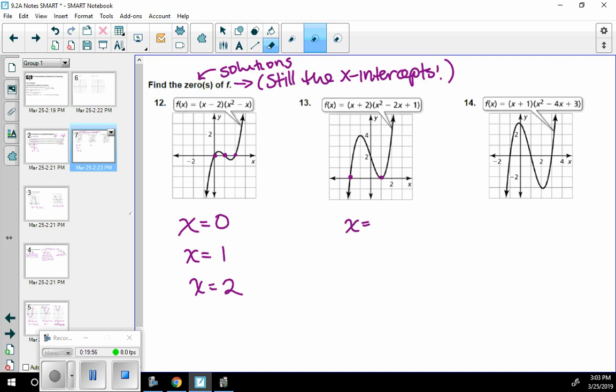One is located at -2. The other is at 1. Right? How about this guy? How many solutions? Number 14 has 3 solutions. They appear to be at -1, +1, and at 3. All right. Thumbs up, down. How do we feel? That's it. So we're solving by graphing by just finding those x-intercepts.